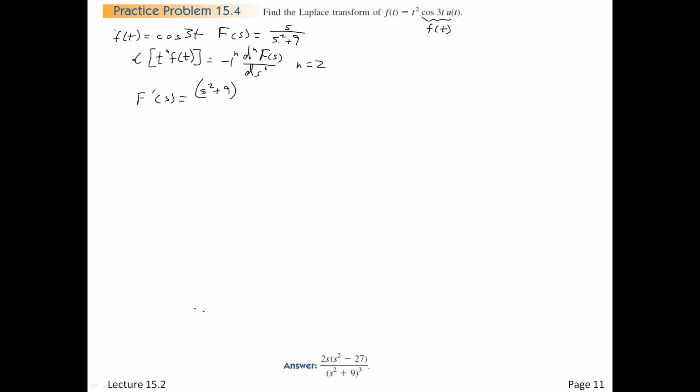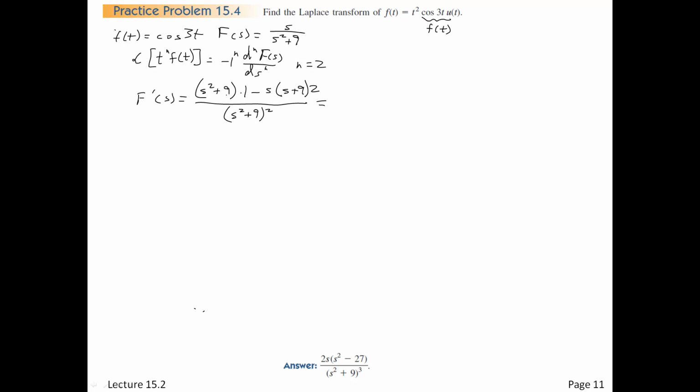The derivative of s is 1, minus the top times the derivative of the bottom, which will be what? 2 times s squared plus 9 times the derivative of what's inside, which is 2s. So here we have this all over the bottom squared. Okay? So we might want to take the trouble to clean this up, since we're going to have to take another derivative of it.